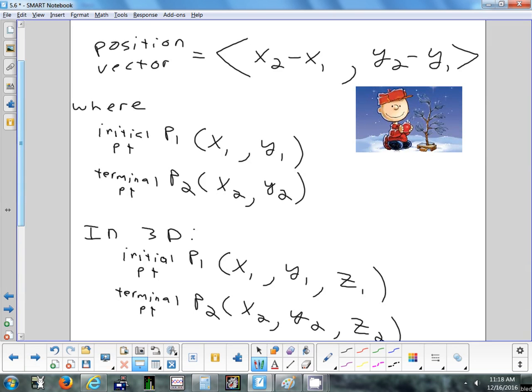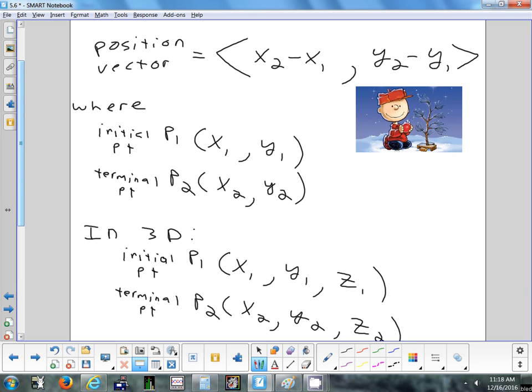Now, does the order that you subtract them in make a difference? Does it matter if you do x2 minus x1 or x1 minus x2? Yeah, with subtraction, it makes a difference. Do 5 minus 2 and then do 2 minus 5. You don't get the same thing. So the way you always subtract is terminal minus initial.